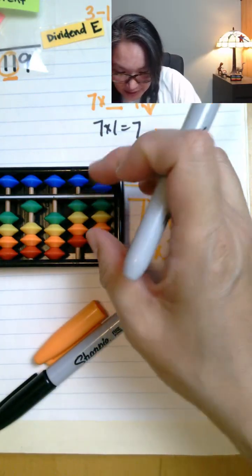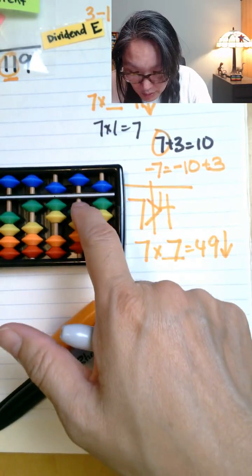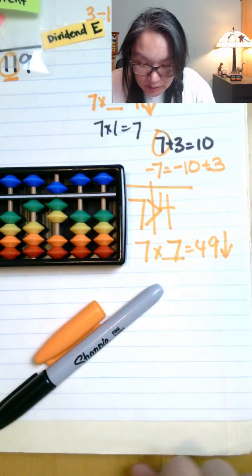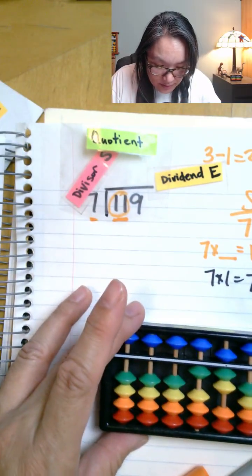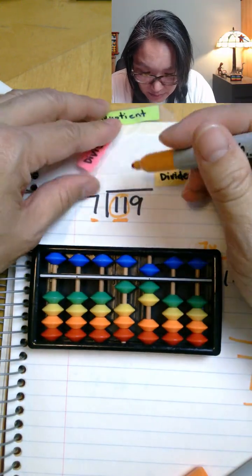So I put my 7 here, and I take away 4, and I take away 9. My answer is 17.